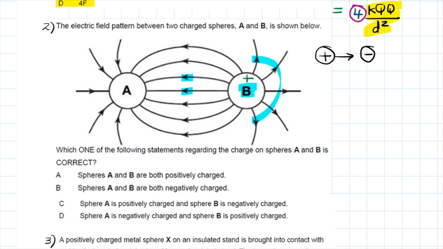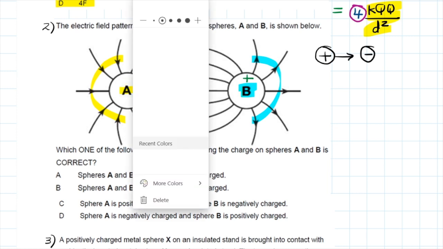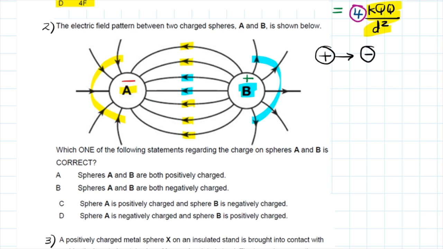When we look at A, we see all of the arrows point towards it, and therefore we can come to the conclusion that A is negatively charged. And therefore the correct answer to this problem is answer D. A is negatively charged while B is positively charged.